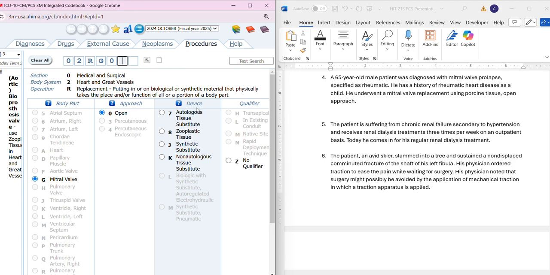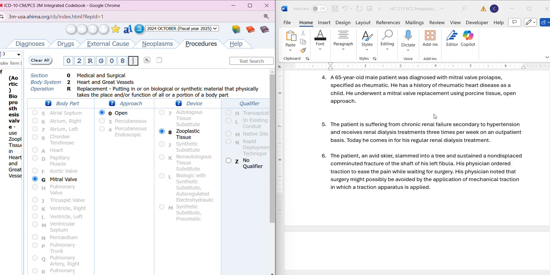And for device, it is going to be number 8, zooplastic tissue. Basically, zooplastic tissue is tissue from another animal.